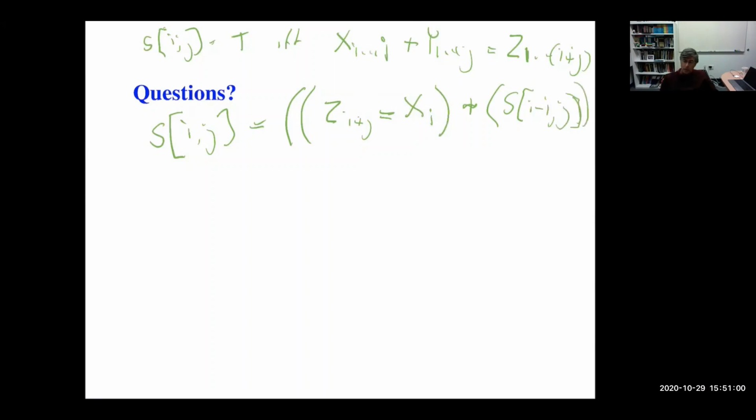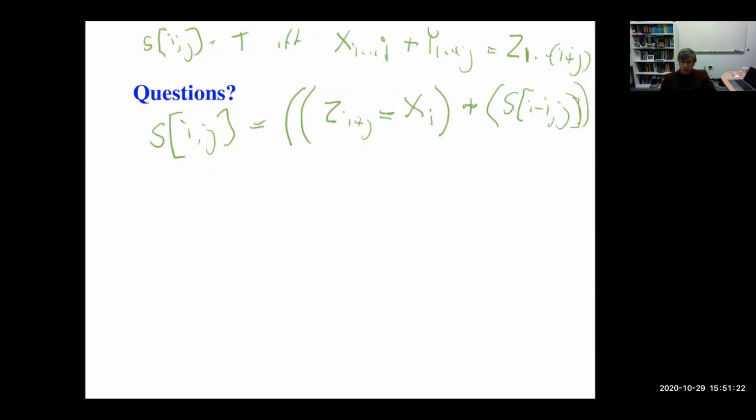Okay, look at this. One way I could do it is, suppose the last character of z was equal to the last character of x sub I. Then that tells me I now know where the last character of z comes from.